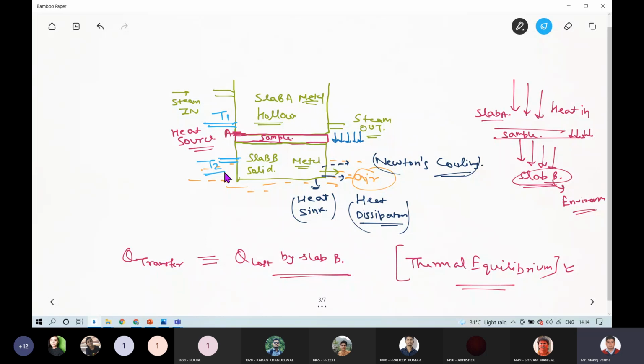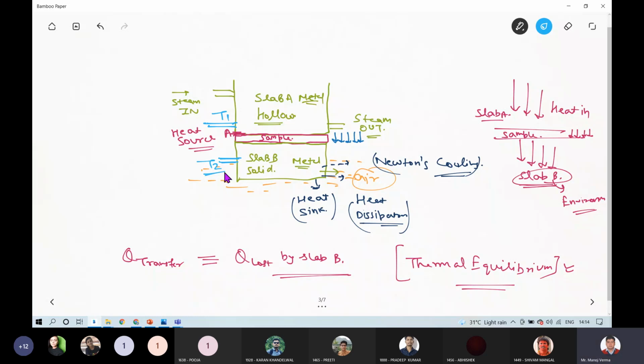After some time, this sample will conduct heat to slab B, and because of this conduction, the temperature of slab B will also rise, so you will notice the increase in temperature of thermometer T2.